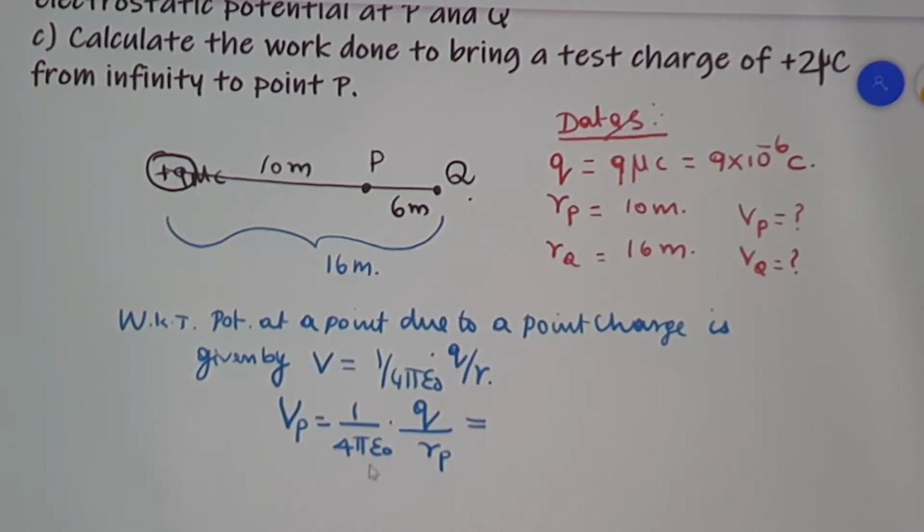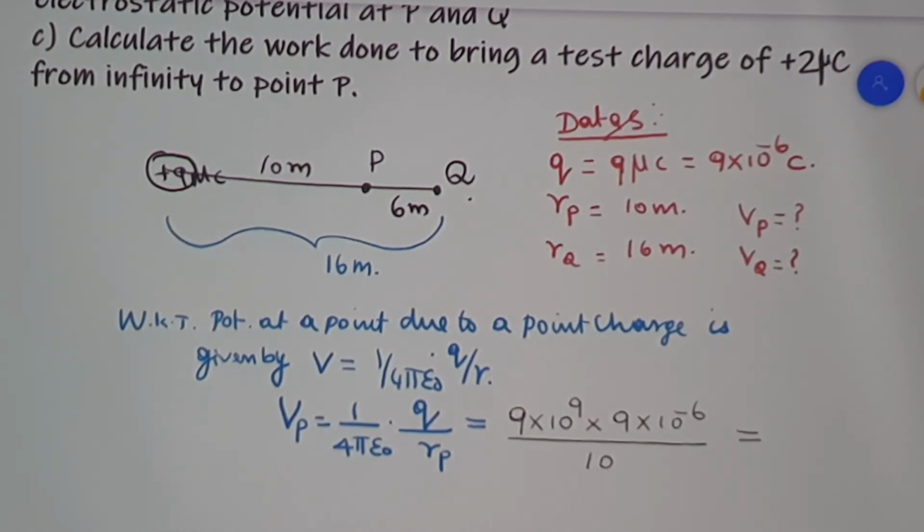Now substitute 1 by 4 pi epsilon 0 as 9 into 10 to the power of 9, multiplied with Q, which is 9 into 10 to the power of minus 6, divided by RP, which is 10 meters. It is not necessary to write the unit here.